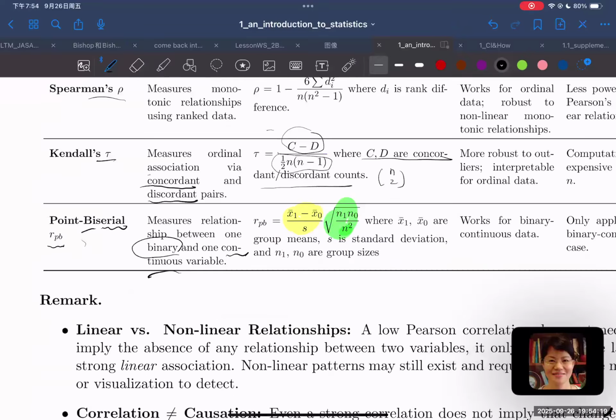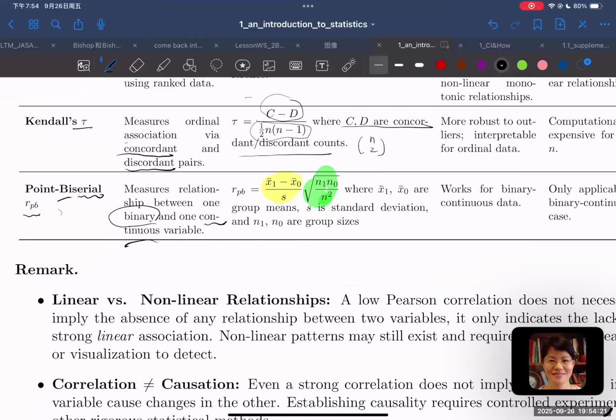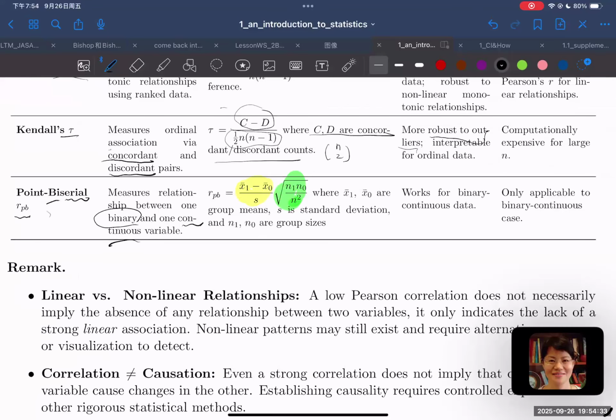Kendall's tau is very robust to outliers, because it seems to use some information from the quantile distribution. So we know it is robust but computationally expensive, because you consider the quantile.